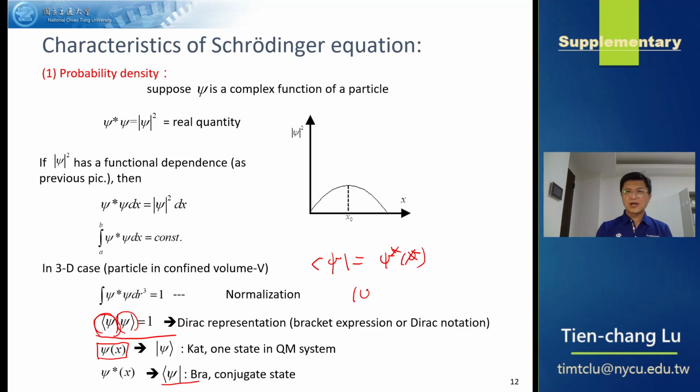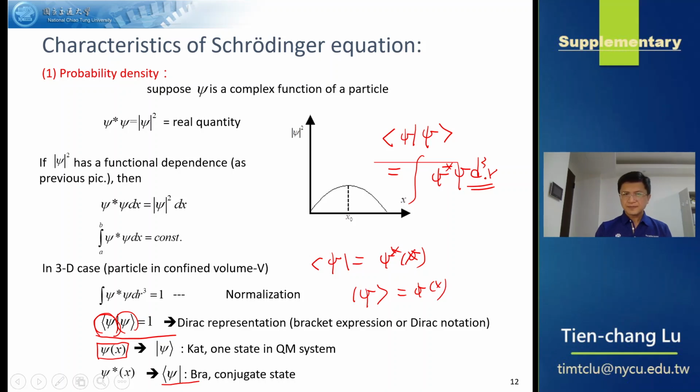So when we write down the bra phi, ket phi, it represents an integration: the complex conjugate of phi times phi, integrated over the whole space. This Dirac notation can be very helpful in the following derivations.